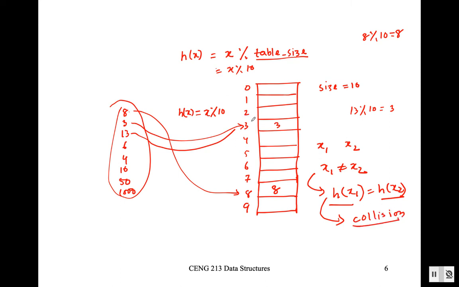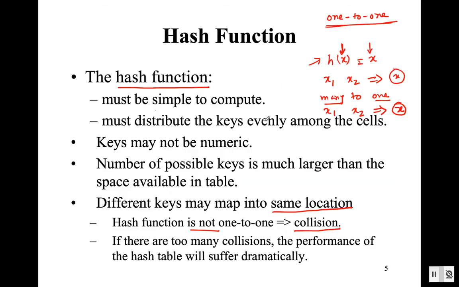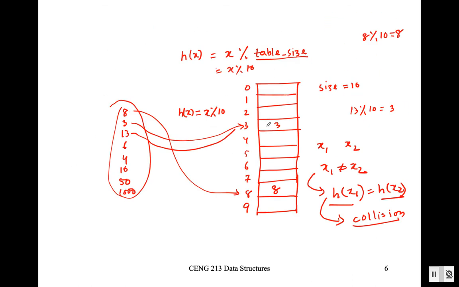That means we are trying to insert two different key values in the same location, but we can't do that. We are trying to solve one problem here, but this creates another problem, which is known as collision. Now we have to know some technique to resolve the collision.